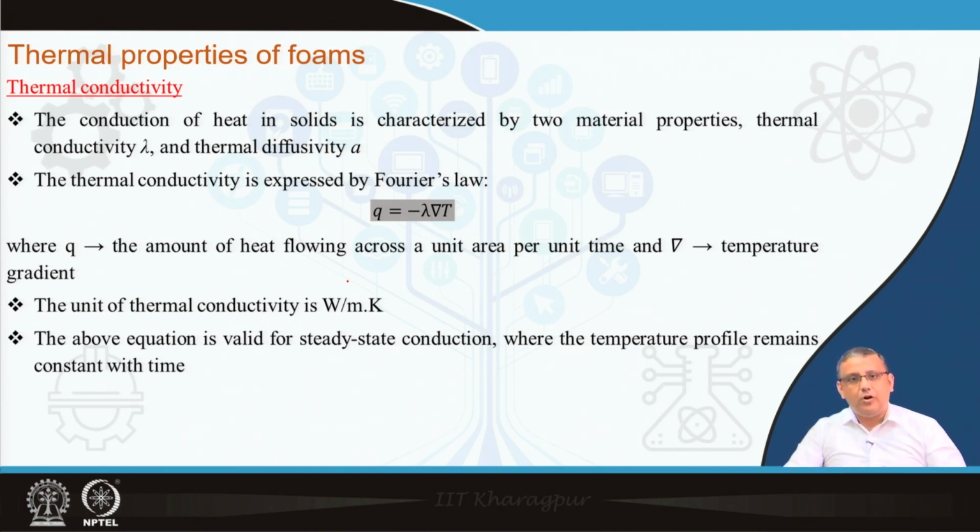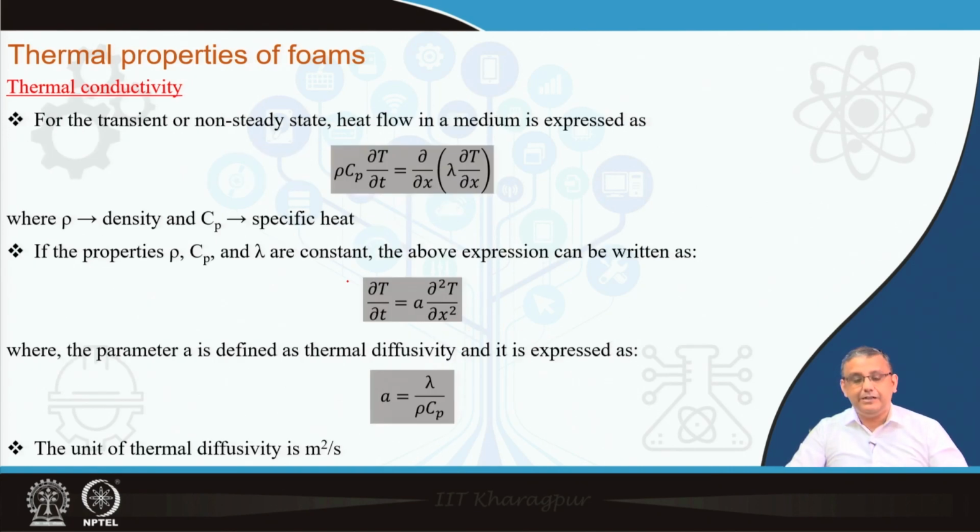But in more practical cases, we have unsteady state conditions, and for those we use this expression, where rho is the density and Cp is the specific heat: rho Cp dou T over dou t equals dou over dou x of lambda dou T over dou x, and lambda is the thermal conductivity.